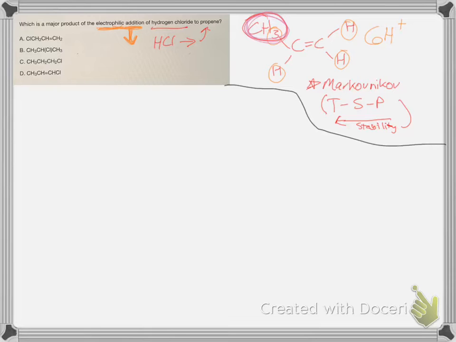So now when we talk about Markovnikov's rule, we know that stability increases or decreases as the level of carbocations decrease. In other words, I'll just draw it out initially. So we have tertiary, secondary, primary carbocations.